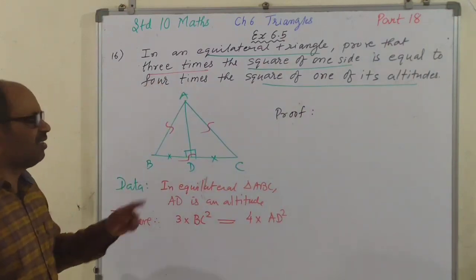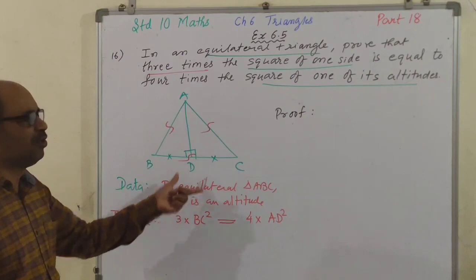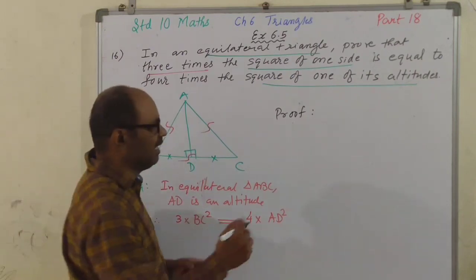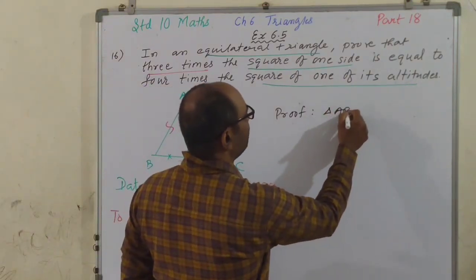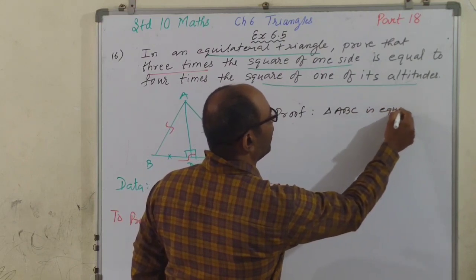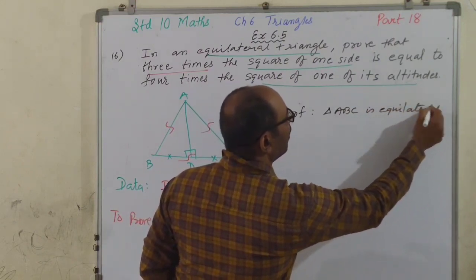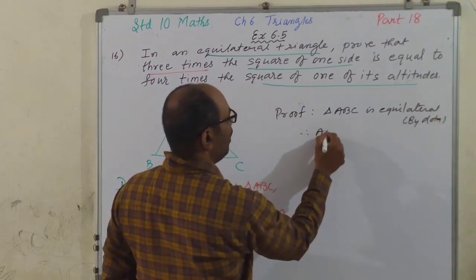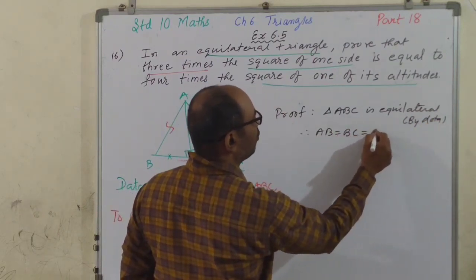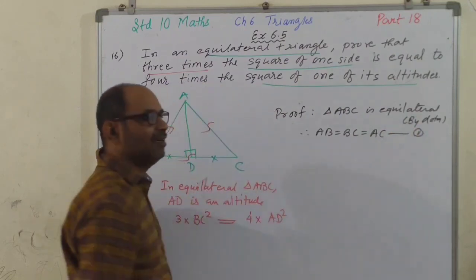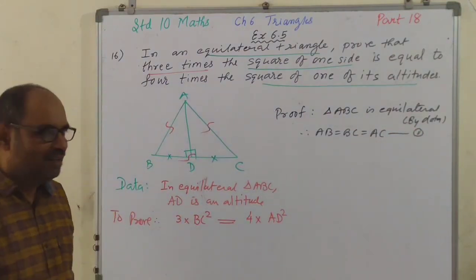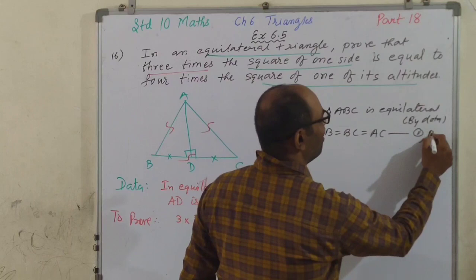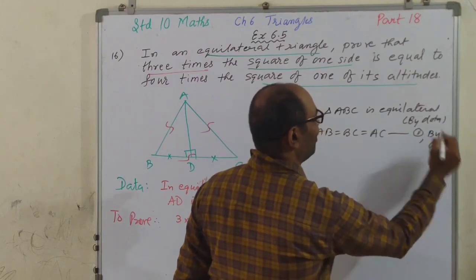Proof. Triangle is equilateral. So AB equal to BC equal to AC. All sides are equal. Triangle ABC is equilateral by data. Therefore, AB equal to BC equal to AC. Call it result 1, by definition of equilateral triangle. If you want, you can write that by definition.